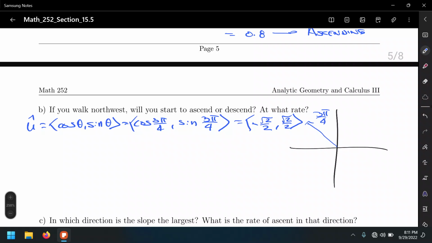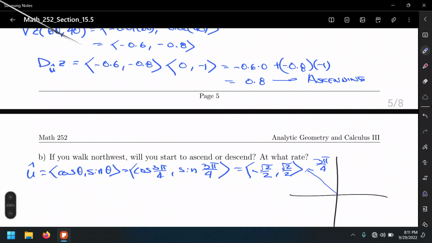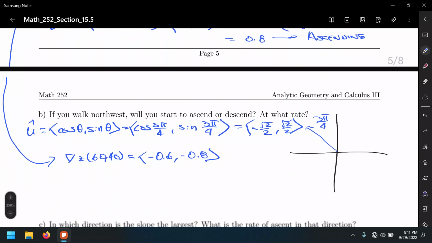So we're going to use the same calculation again. However, we don't need to find the gradient again because we already got it from before. The gradient at the point (60, 40) is negative 0.6 comma negative 0.8.